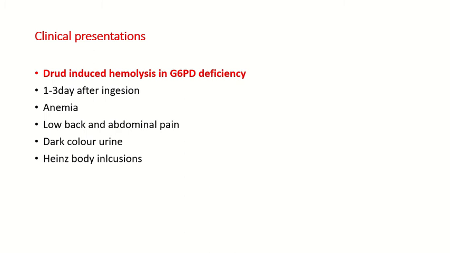As RBCs break down inside the vessel, it leads to hemoglobinemia and hemoglobinuria. Therefore, the patient may have a history of dark colored urine. On peripheral blood film, we will see Heinz bodies. We will discuss them later.